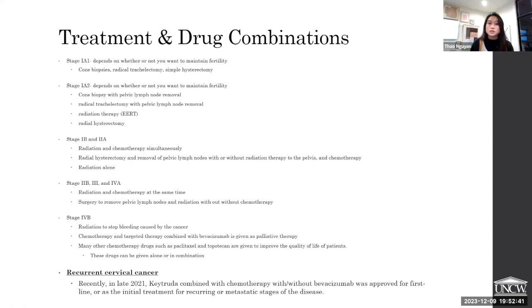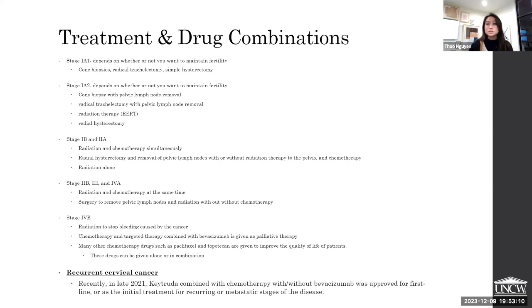And this consisted of the targeted therapy Keytruda combined with chemotherapy administered with or without the drug bevacizumab. But as far as average patient experience goes, Keytruda has tolerable toxicities when administered alone, but off-target effects increase with combinational therapies.